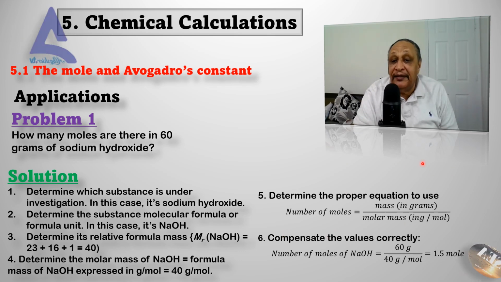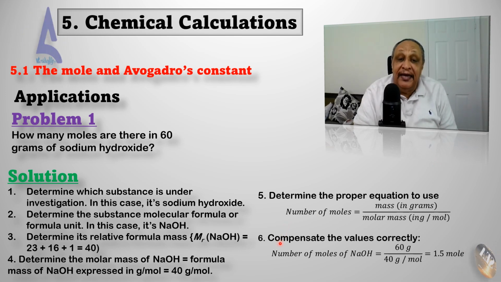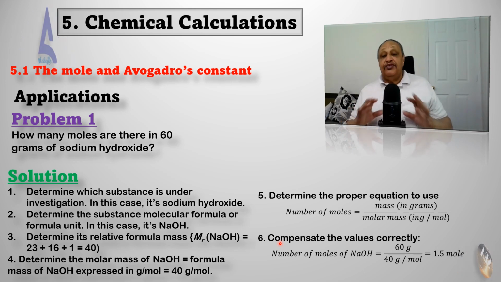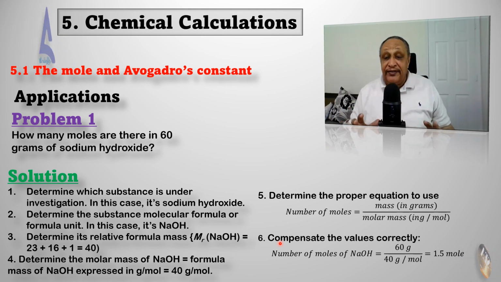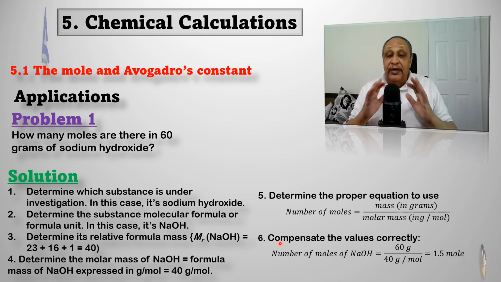Be careful that I don't need to write mole, M-O-L-E. I can write it just M-O-L, and this represents mole. I think it is very easy. It is not difficult. Just go step by step, and you do this protocol as it is.